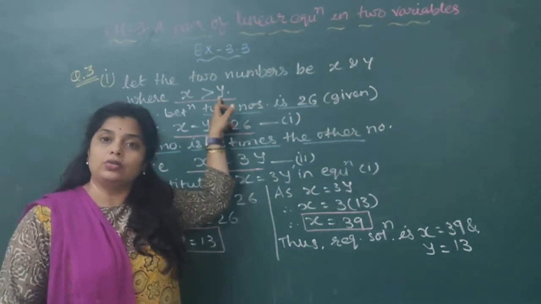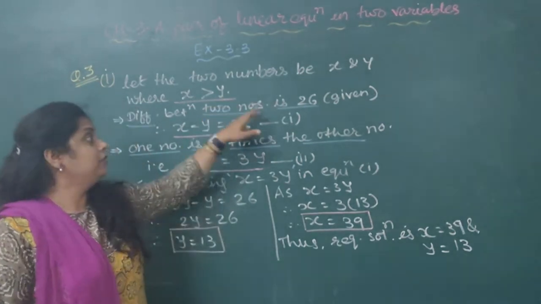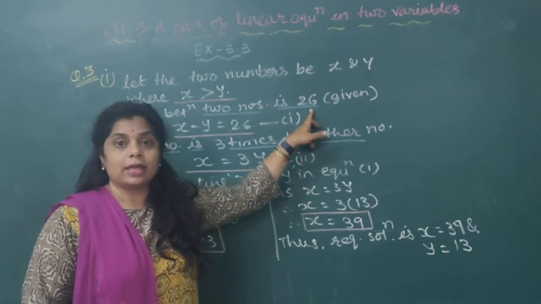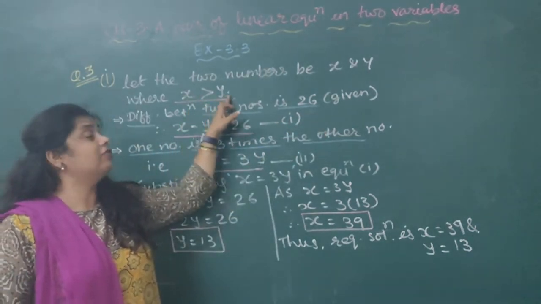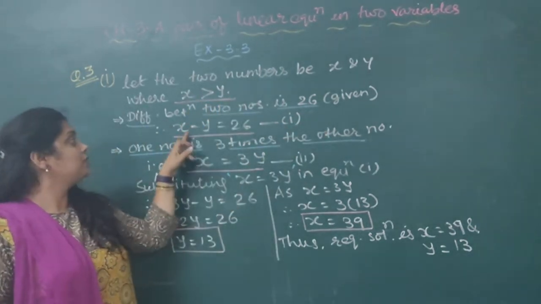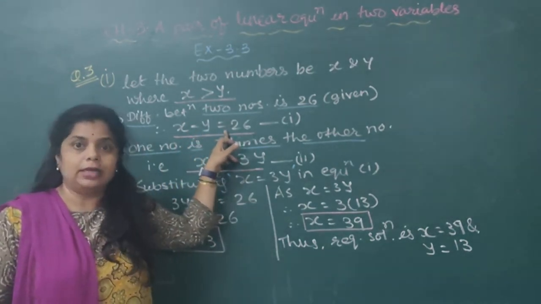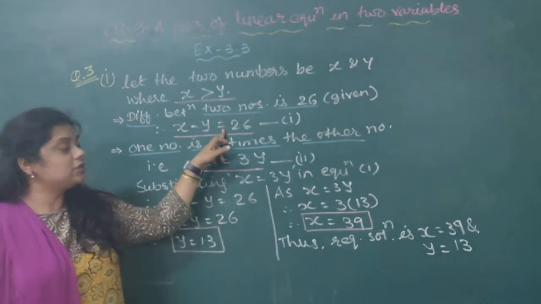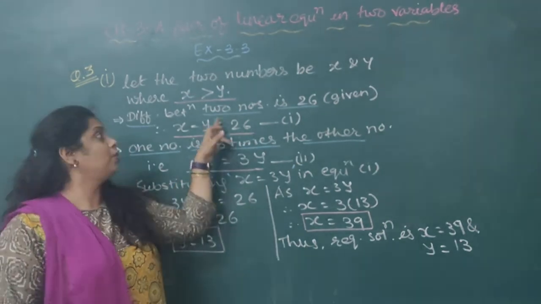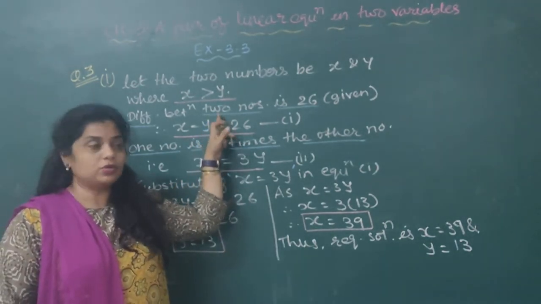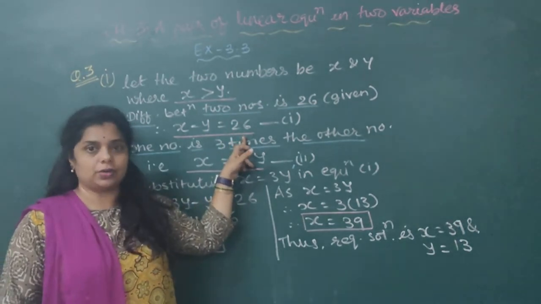According to the first situation, the difference is 26, so obviously x minus y is equal to 26. This is the first linear equation we obtain from this condition.